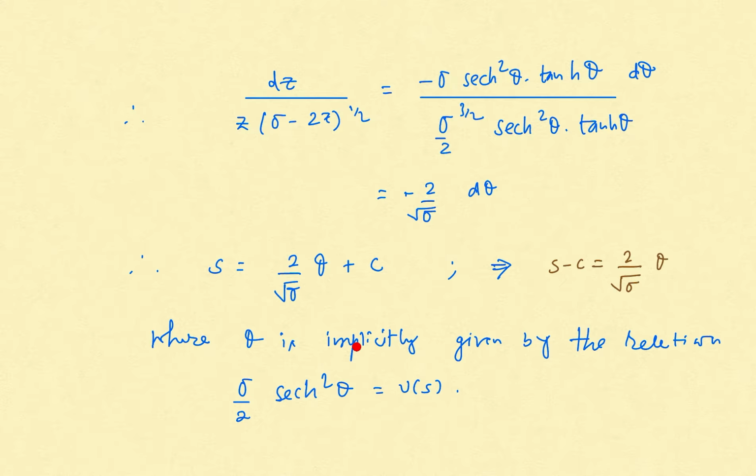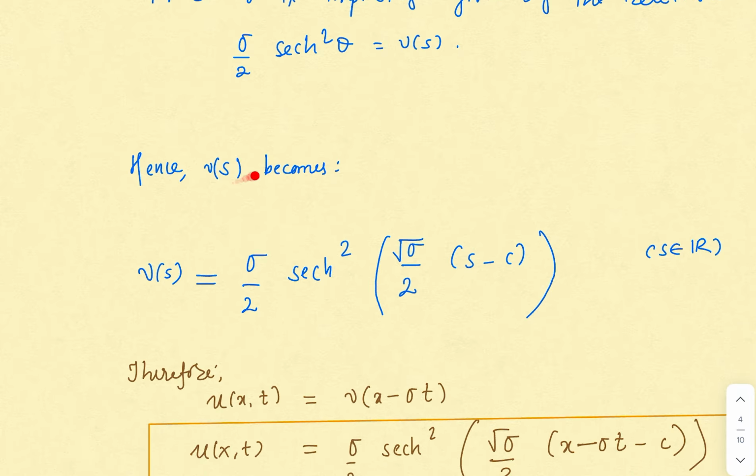Here theta is implicitly given by the relation sigma over 2 sech squared theta equals v(s). So ultimately v(s) will become sigma over 2 sech squared of the square root of sigma over 2 times s minus c, where s is a real number.